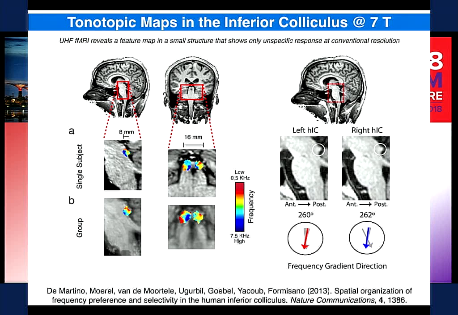Here it probed the same kind of different sound frequencies, but mapped on the inferior colliculus, a very tiny structure. At 3 Tesla you get 1 or 2 voxels, which show you that you have some activity there. But now with this sub-millimeter resolution, you see a whole tonotopic map inside this tiny region. So that is a first big benefit you get: you see topographic information, which you cannot see with low resolution functional MRI.